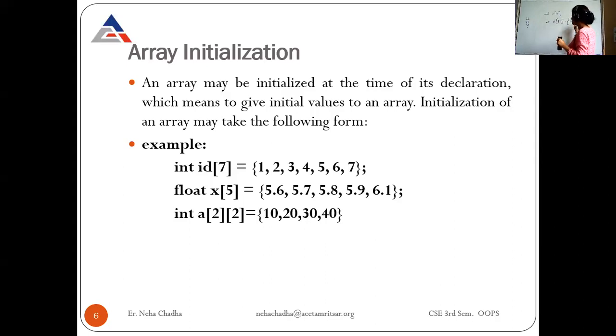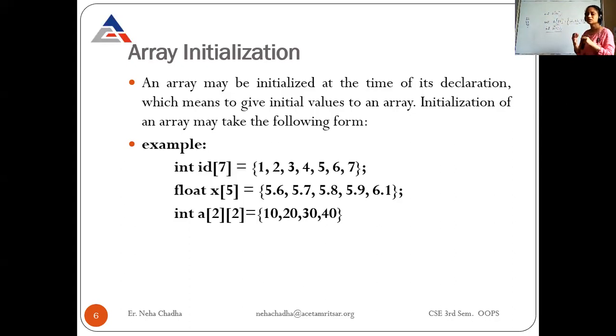This is similar to giving your variable a value, int A = 10. That means you are assigning the value 10 to A. Similarly, here you are initializing the values when you are defining your array.